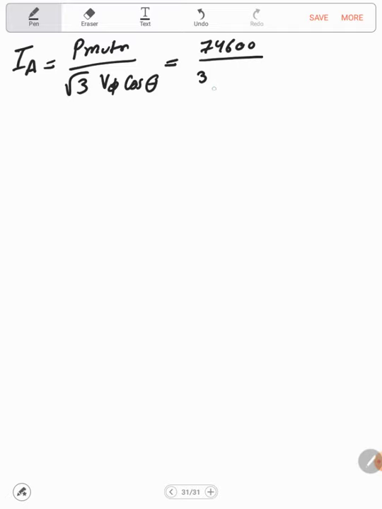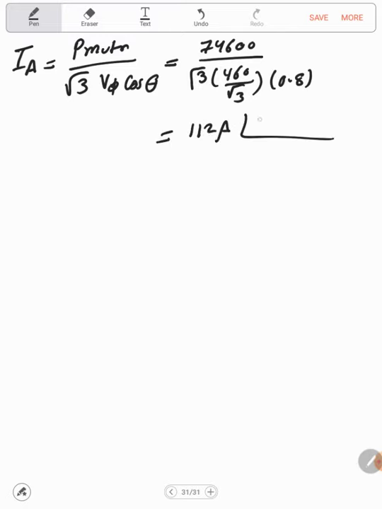The V phase is 460 over square root of 3 multiplied by 0.8, and this will equal 112 ampere with angle 36.87.